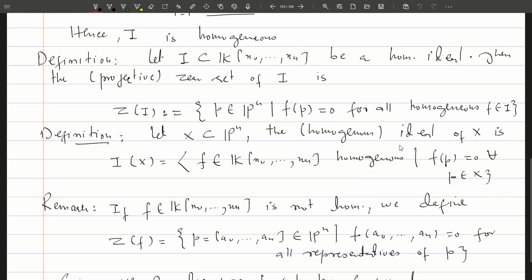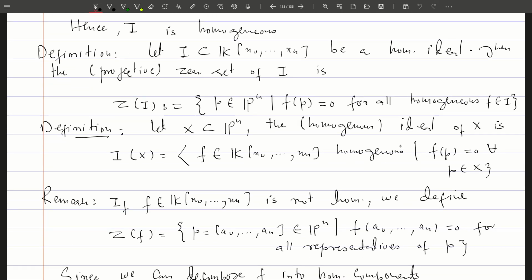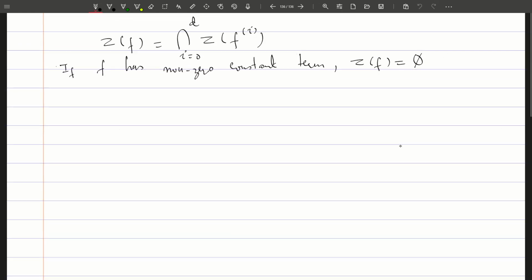I mean, we can drop the homogeneous condition over here, and we can also drop this condition of homogeneous here. Therefore, we have the following definitions of the zero set and the ideal of a set.